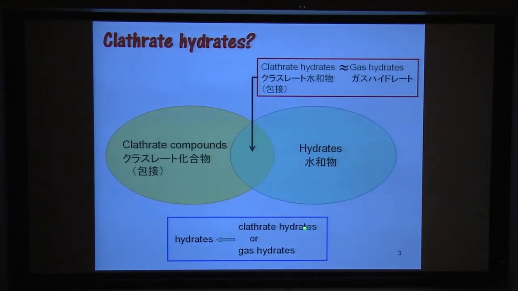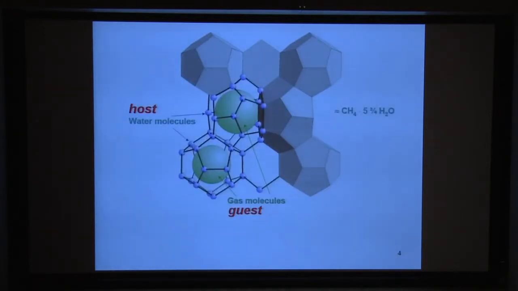So this clathrate hydrate is something that we simply call hydrate. So when you hear the word hydrate, which is the theme for today's forum, this would include this left-hand side as well. So what's the structure?